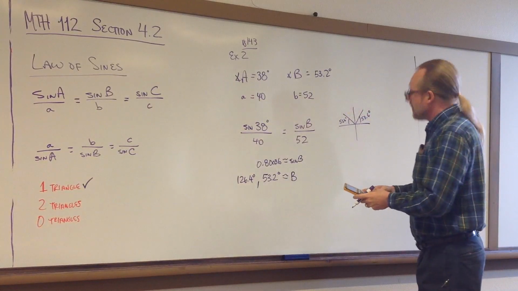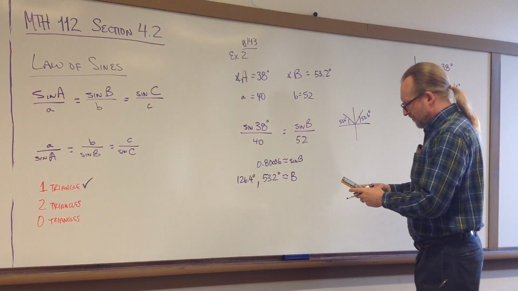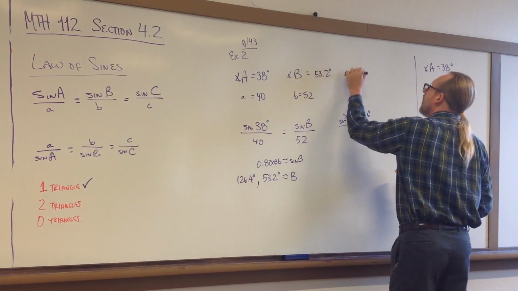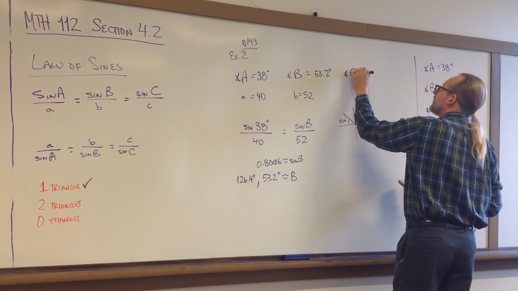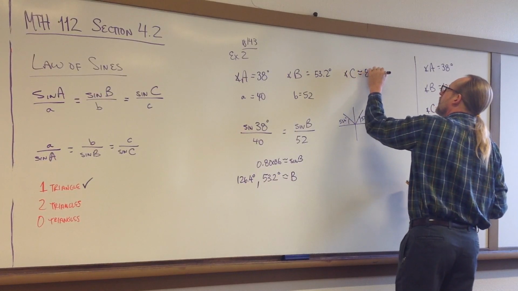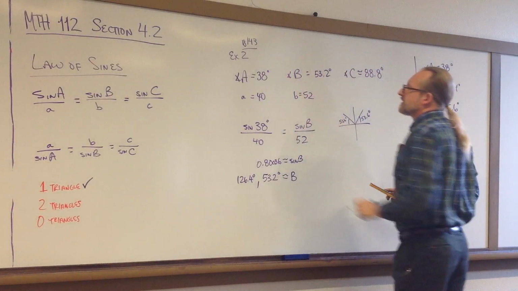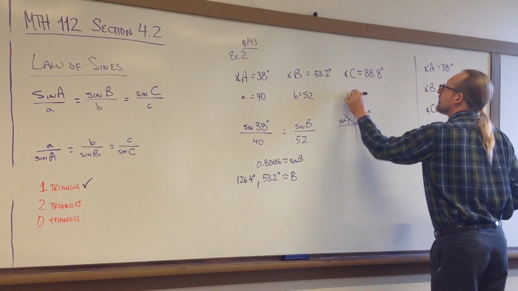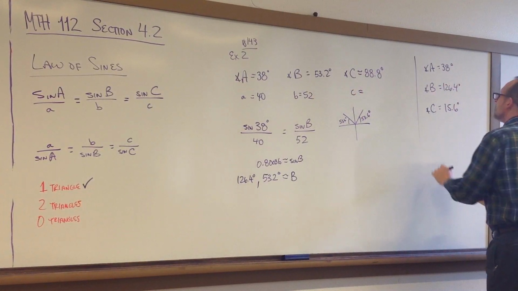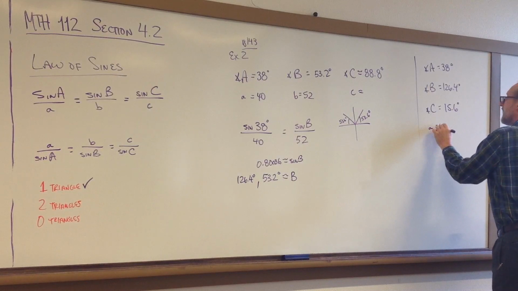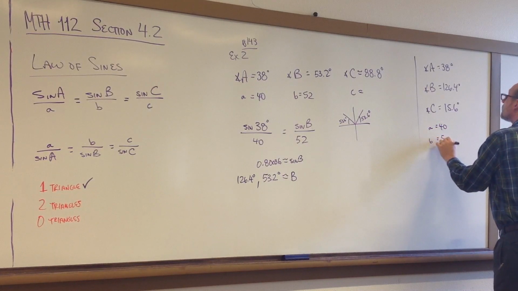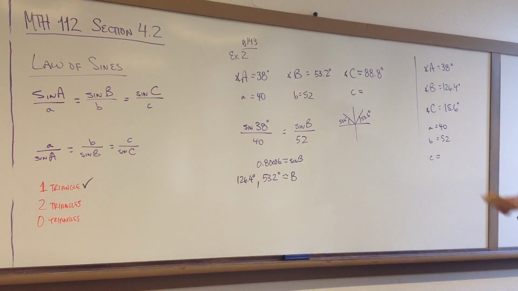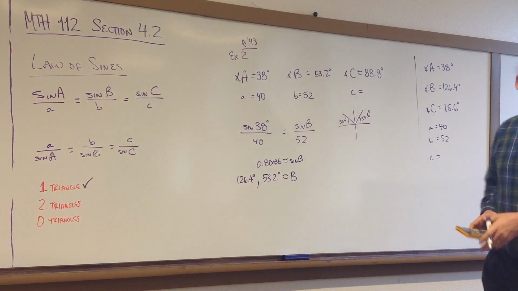Up here, 38 and 53.2, that would make angle C just short of a right angle, 88.8 degrees. Because now this adds up to 180. This also adds up to 180. So we don't have a length for side C. Let's see, A is 40, B is 52, and again, we don't have a length for side C yet. We'll find that in 1 minute.